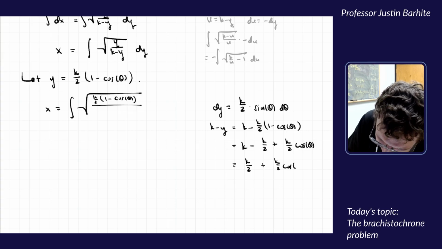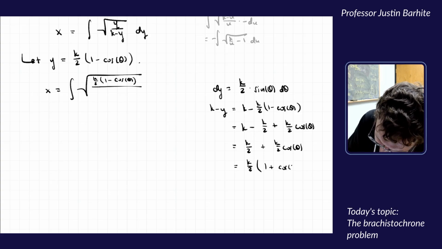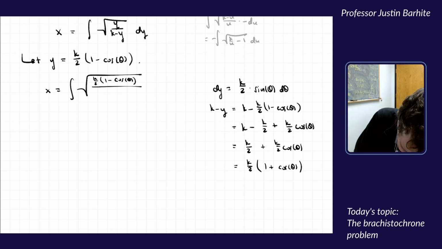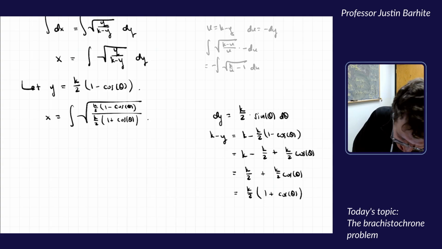And I can pull out the k over 2, and I'm left with 1 plus cosine of theta. Okay, so that denominator here, the k minus y, is k over 2 times 1 plus cosine of theta. And the dy is k over 2 sine of theta d theta.